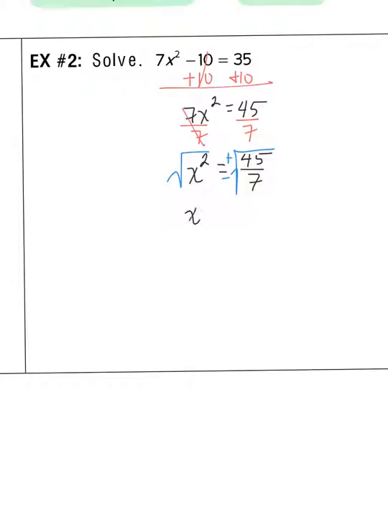So we end up with x equals plus or minus, I'm going to split the 45 and the 7 into 2 different radicals, and I'm going to prime factor 45. Well, 45 prime factored is 5 times 9, which is a 5 and 2 3s, divided by the square root of 7.